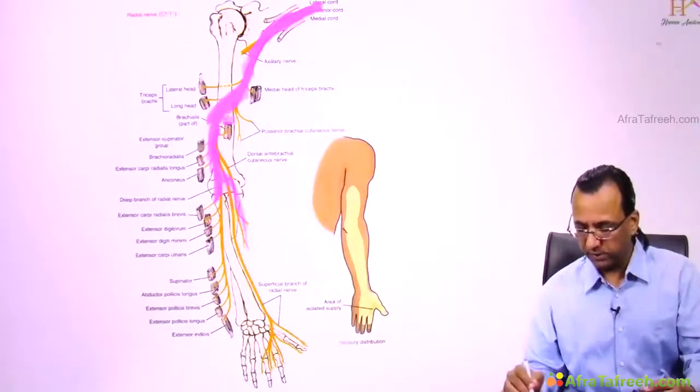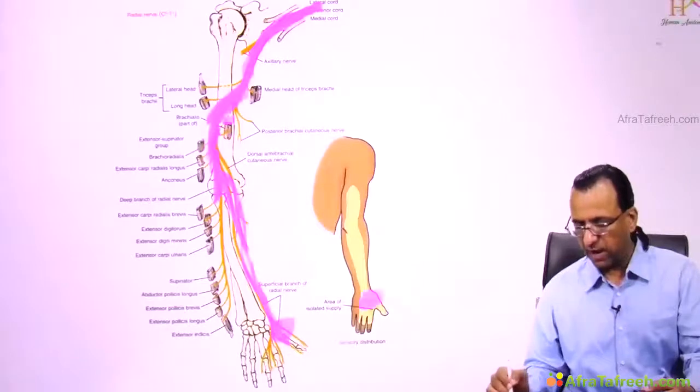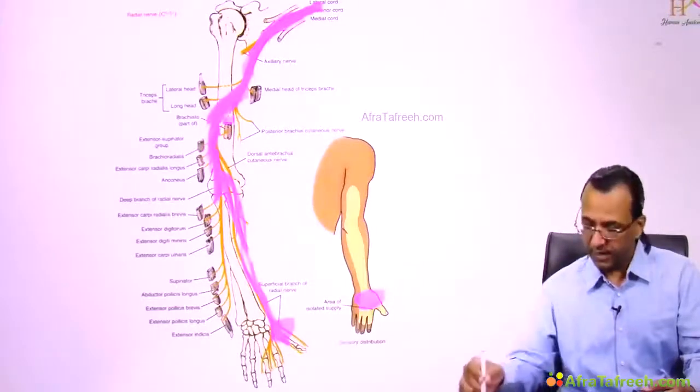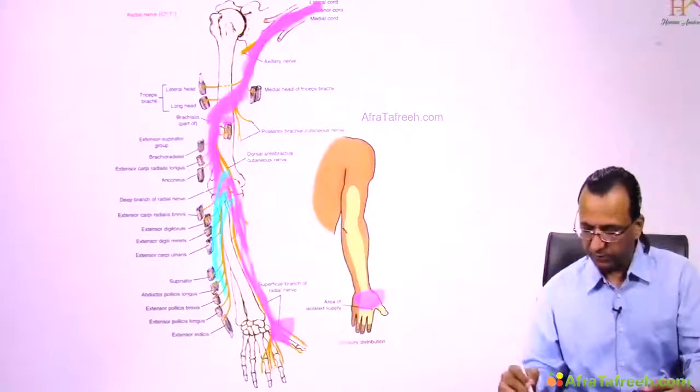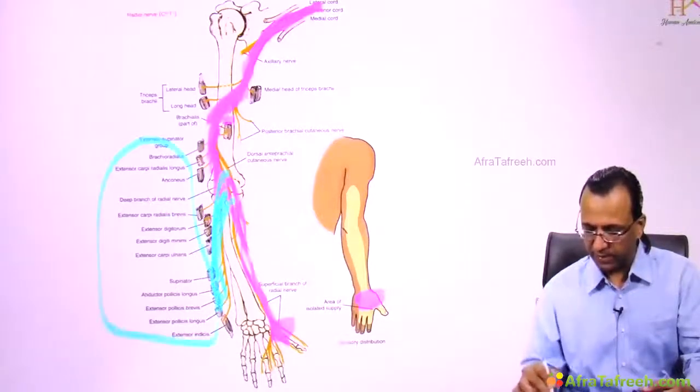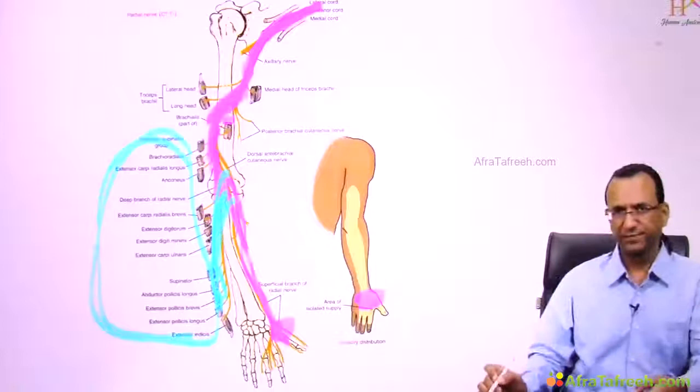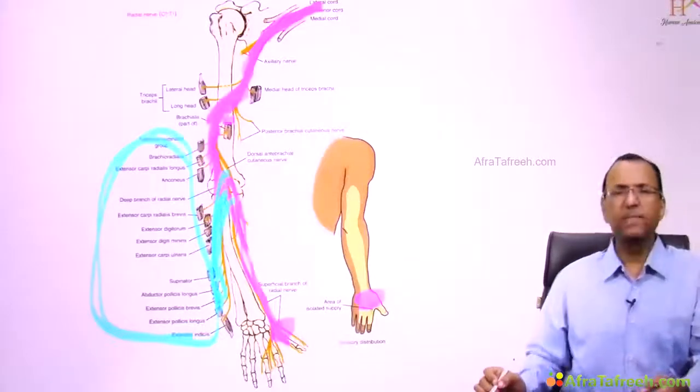One is the cutaneous branch, supplying the dorsum of the hand, 3.5 fingers, and the other is a motor nerve, supplying the muscles of the posterior forearm, which are so many extensors. You can magnify the diagram.